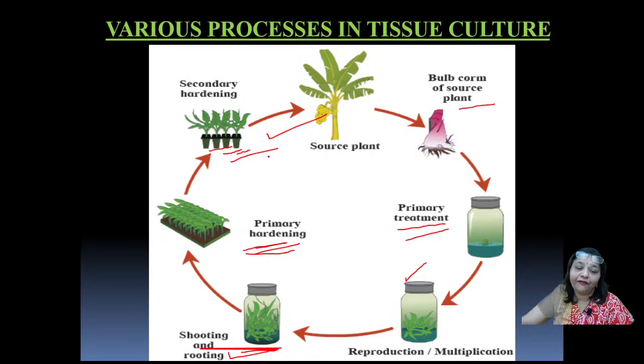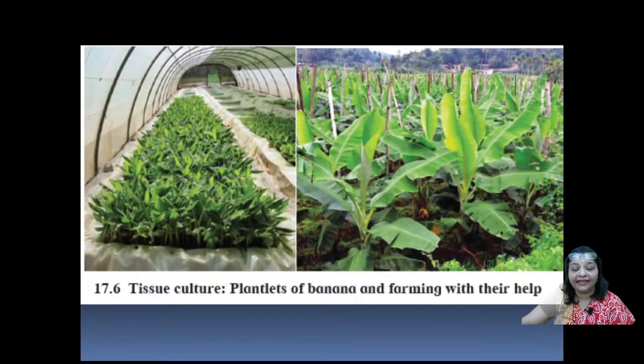And if we consider that at least 50% of these plantlets survive the hardening procedure, then the whole earth will of course be green, isn't it? Right. So let us see. You can see here how the plants are being developed by the tissue culture technique, and farming is being done.